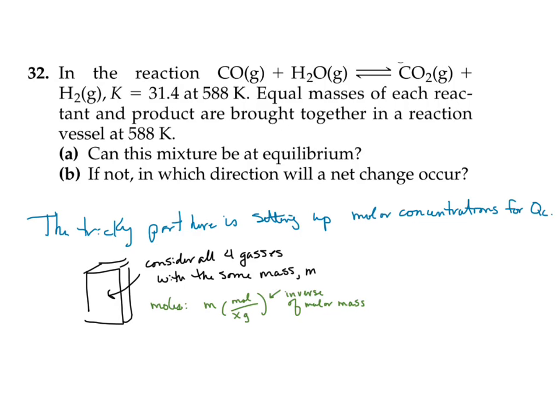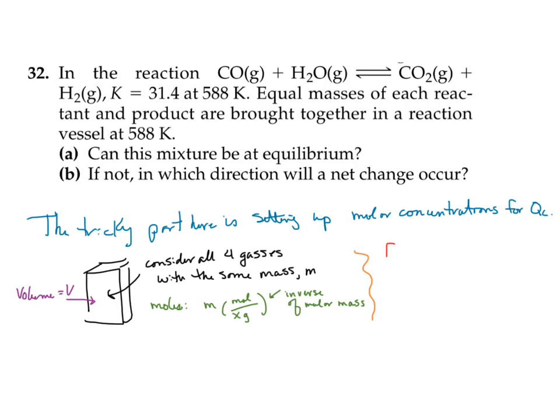So if you consider all 4 of those gases in here, the 2 reactants and 2 products, we could come up with the moles of any of those gases by simply taking M. We'll let M be the same mass of everything, divided by the molar mass of whether it's CO, H2O, carbon dioxide, or hydrogen gas. This molar mass will vary.